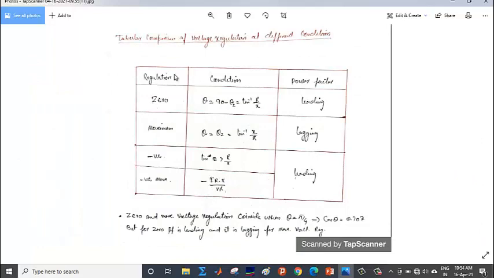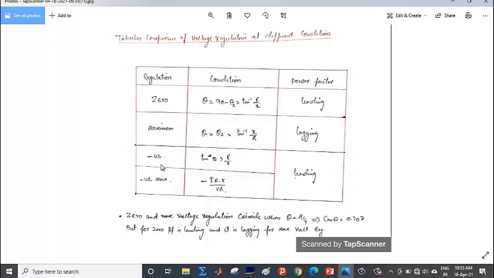I have made a tabular comparison of the voltage regulation at different loading conditions. Voltage regulation will be equal to 0 when theta is equal to 90 minus theta Z. That means they are complementary angles, and theta is equal to tan inverse of R by X, and the power factor will be leading. It will be maximum when theta is equal to theta Z. That means the load power factor angle is equal to the impedance angle, equal to tan inverse of X by R, and the power factor will be lagging.